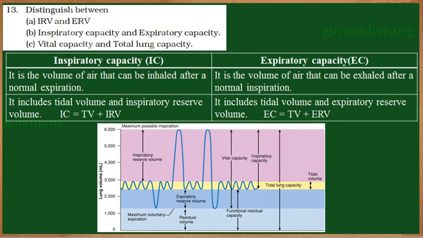Next, inspiratory capacity and expiratory capacity. So what is inspiratory capacity and expiratory capacity? Inspiratory capacity is the volume of air that can be inhaled after normal expiration. You can see here IC, inspiratory capacity.